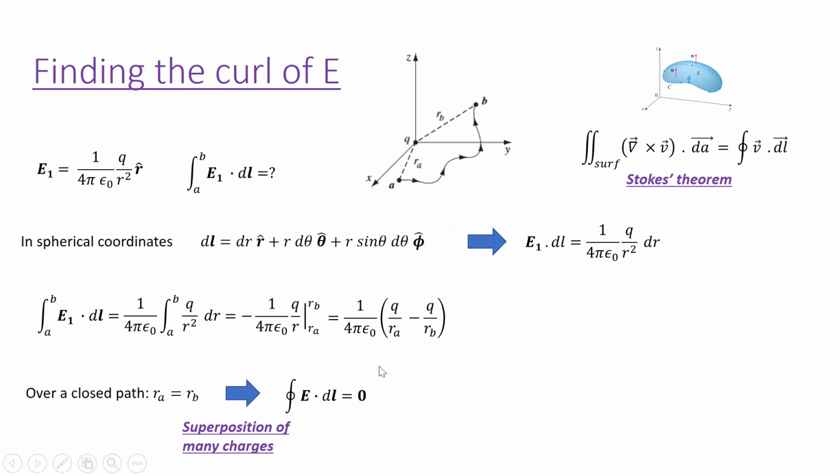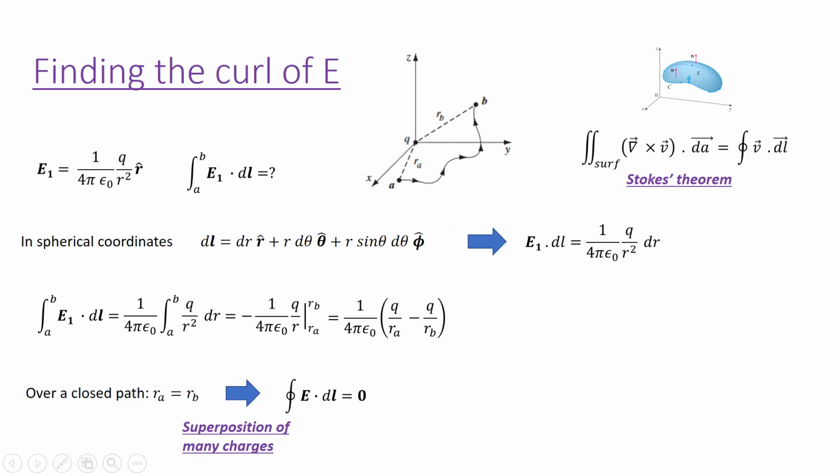So we can choose A and B to be the same point. Right now they're different points, but if A and B are the same point, the path would curl back around and it would be a closed path.